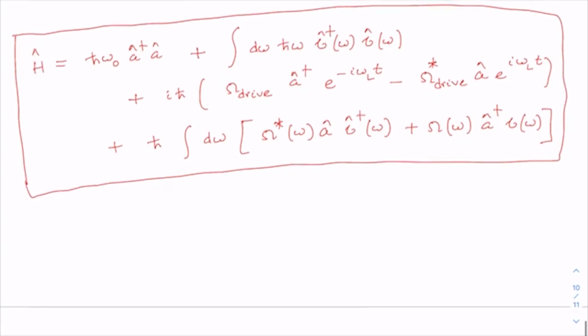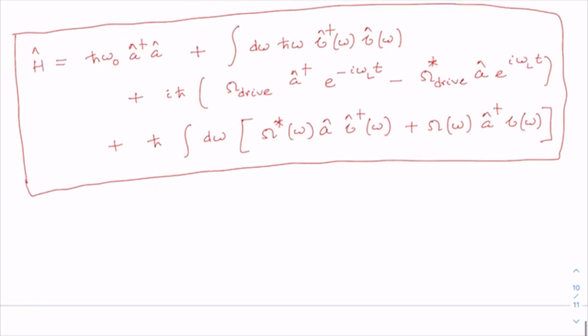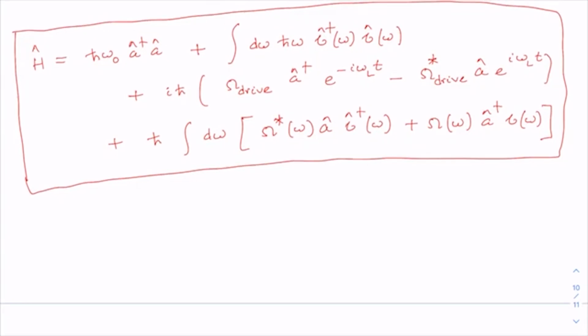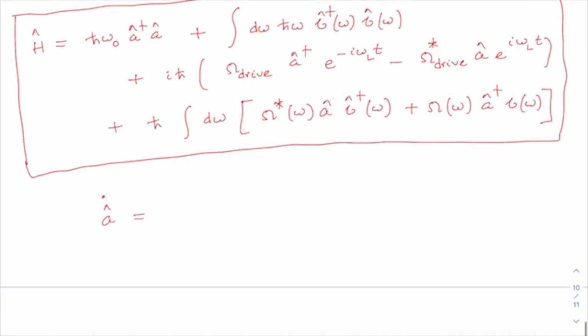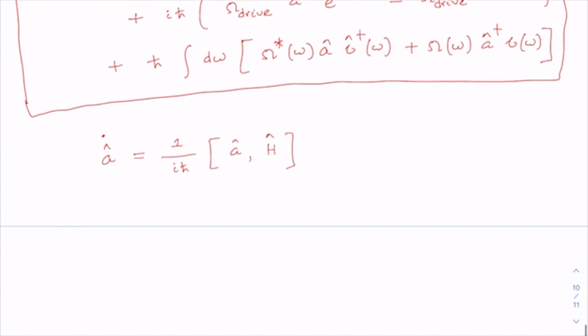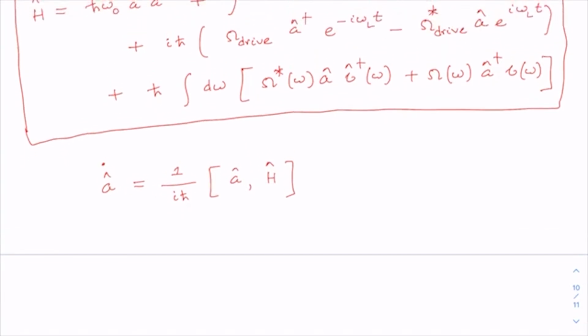First of all, we can calculate the Heisenberg equation of motion for the mode operator. So a dot, the time derivative of the mode operator, would be 1 by i h cross times the commutation between a and H. We have done this kind of stuff too many times in the course, so immediately you can write it will be minus i omega 0 a plus omega drive e to the power minus i omega_L t.